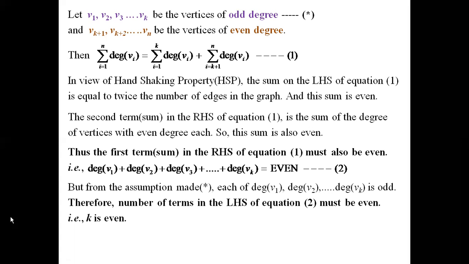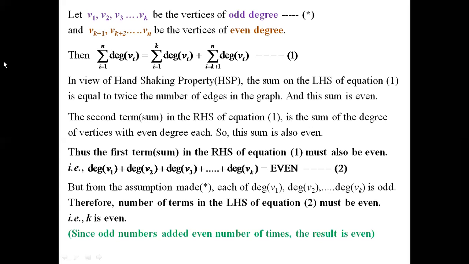That's because odd numbers, when we add them up an even number of times, give an even result. So we have all these as odd degrees: degree of V1 is odd, degree of V2 is odd, degree of V3 etc. up to degree of Vk is also odd. So we have a sum of odd numbers.